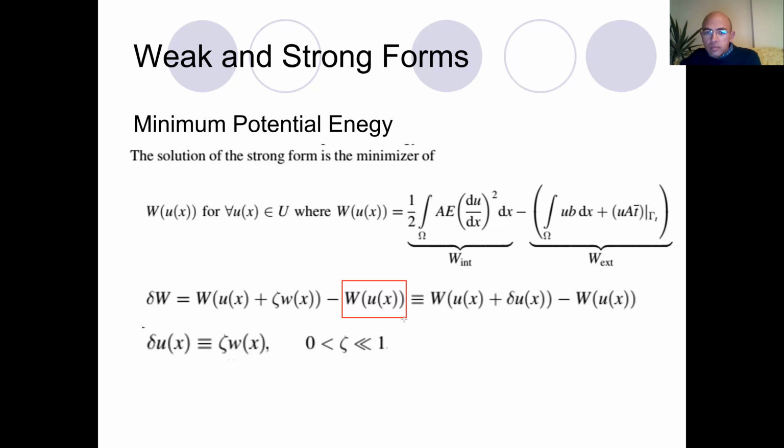So we first calculate the W for a given displacement. Then we apply a very small change. Here W is some arbitrary function. So basically we have the displacement, and we give a small change into this displacement. And we look how the energy changes.